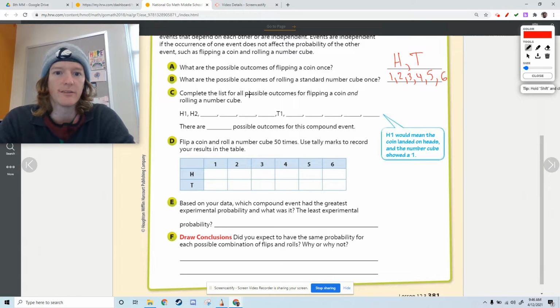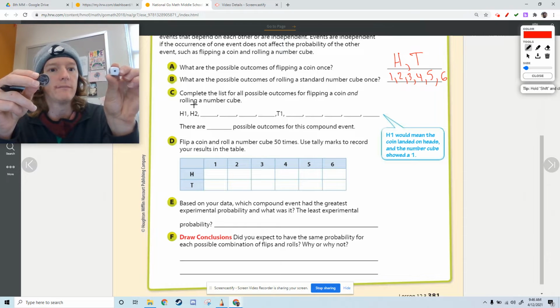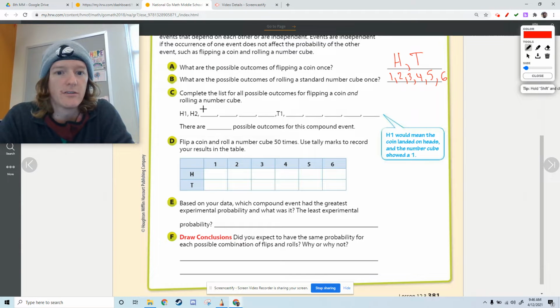So for C, we're going to complete the list for all the possible outcomes for flipping a coin and rolling a number cube. Well, we could get heads and 1, heads and 2, heads 3, heads 4, heads 5, heads 6.